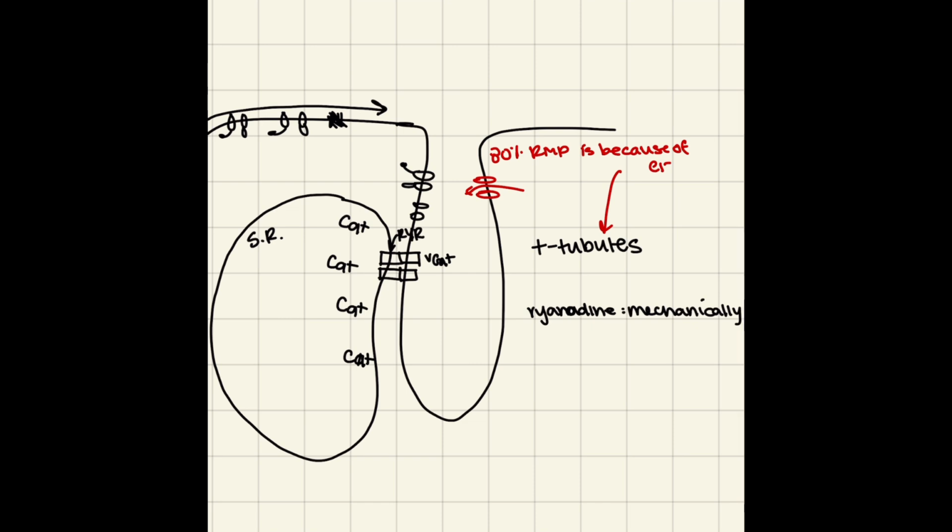I can never remember the name, but there's a protein holding them there so that they don't diffuse throughout the sarcoplasmic reticulum, because even though in my drawing it's pretty small, in a real cell it'd be really big and they would diffuse throughout, and there wouldn't be a high enough concentration for a lot of diffusion to happen, and it might not happen fast enough for our muscle cell to contract. So when the voltage-gated calcium channel opens, calcium is going to flow out and down into the sarcoplasm, which is just the cytoplasm of the muscle cell.